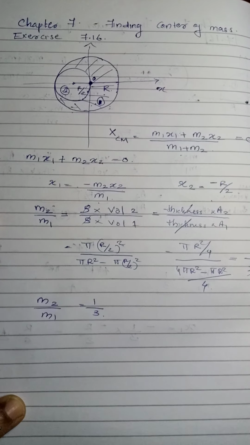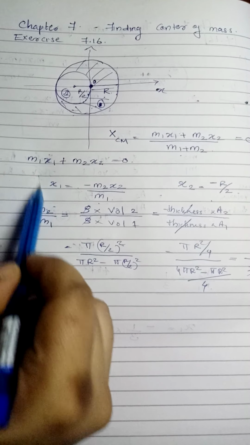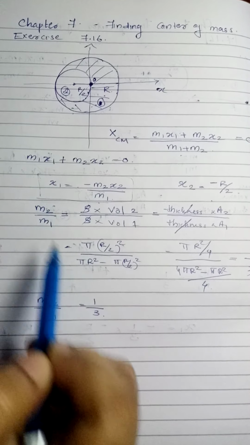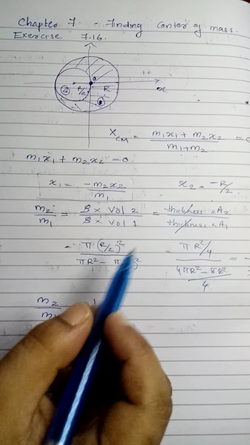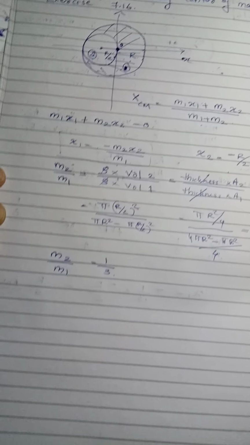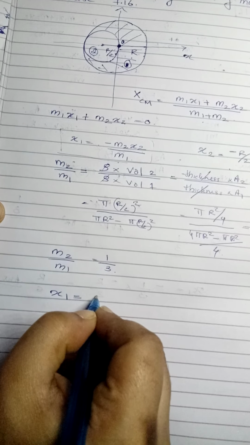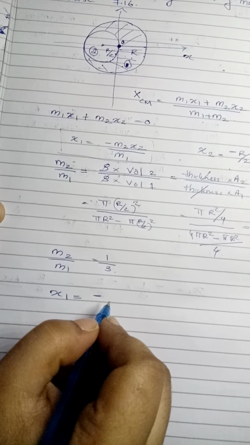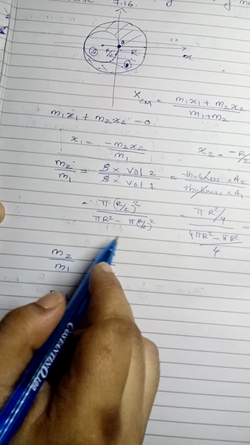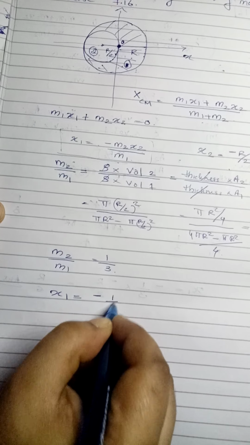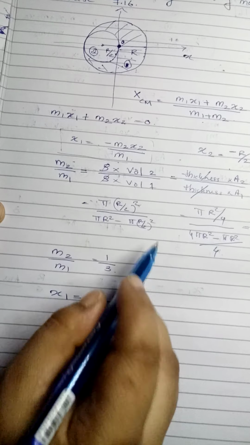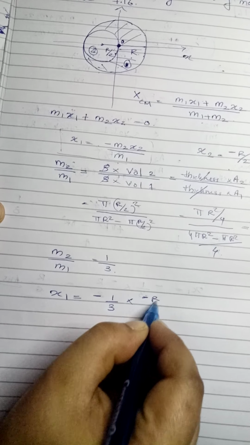Now we substitute in the x1 equation. x1 is equal to minus m2 by m1, which is 1 by 3, into x2, and x2 is minus r by 2.